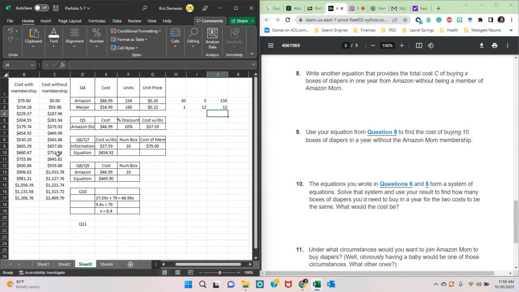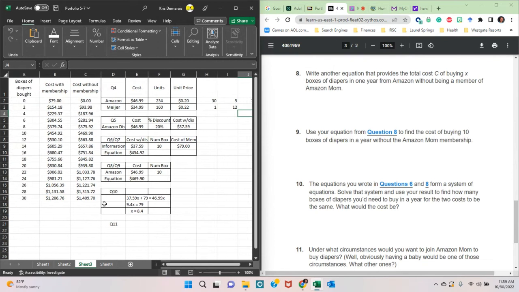And by the 12th box, the cost without membership is going to cost you $563.88. With the membership, it's going to cost you $50 and $530.10.